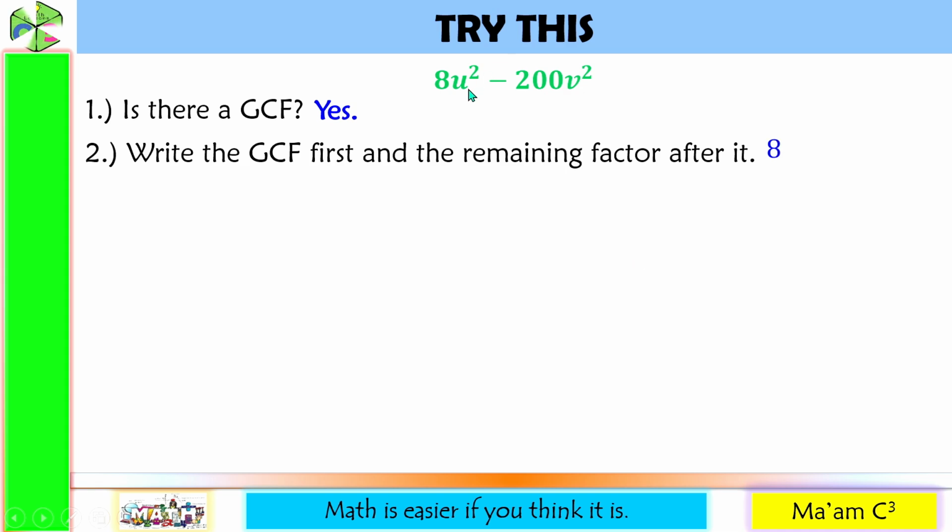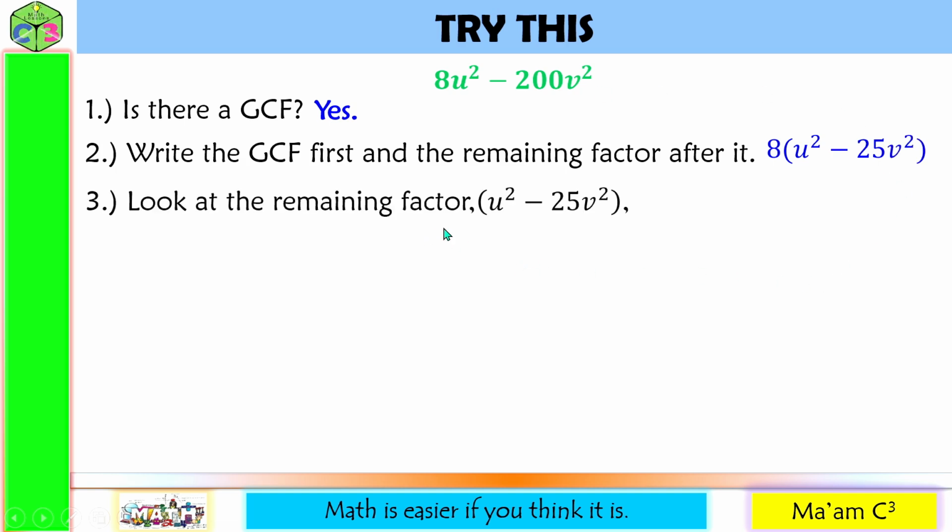While for the variables, we cannot factor out any because they are unique on both terms. So let's try to determine the remaining factor. 8u squared divided by 8 is u squared. Negative 200 divided by 8 is negative 25. And then let's copy v squared.